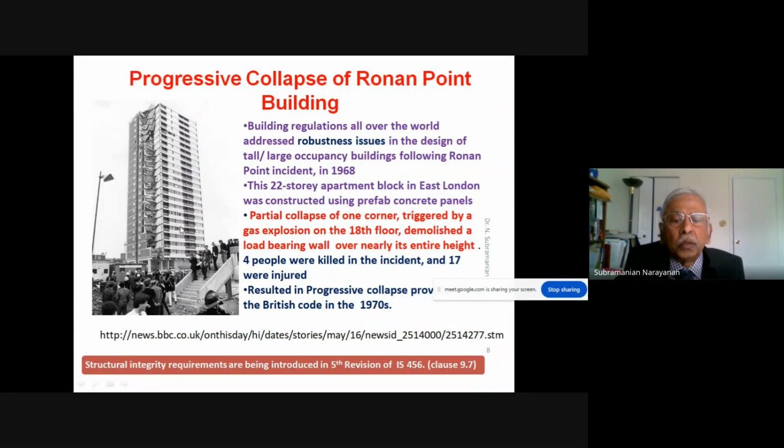This is a 22-story apartment block in East London, and it was constructed using prefab concrete panels. So you see that there is a partial collapse of one corner triggered by gas explosion on the 18th floor and demolished a load-bearing wall over nearly its entire height. 4 people were killed and 17 were injured. It resulted in progressive collapse provisions in the British Code in the 1970s.